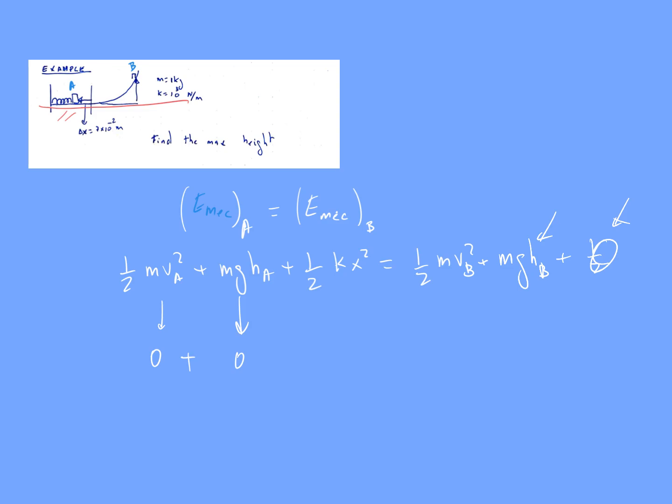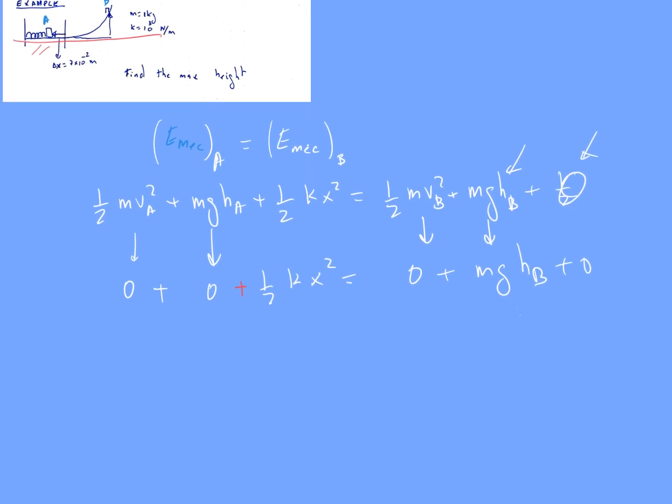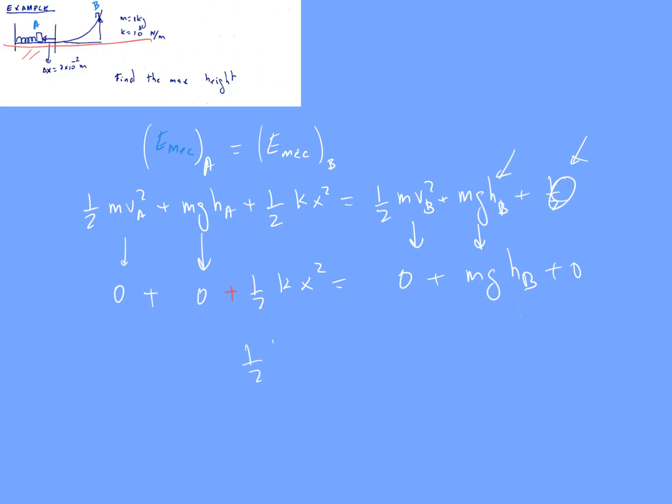Plus elastic potential energy, yes, it has 1/2 K, the compression squared, equal. Kinetic energy at the point B, 0. Potential energy at the point B, mg HB, plus 0. So the equation will say 1/2 Kx squared equals mg HB.